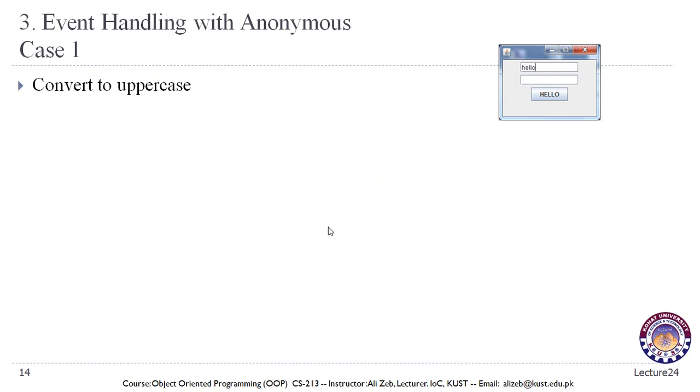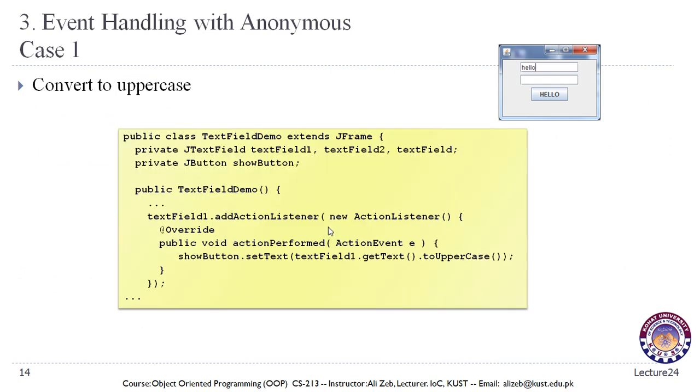In our first case, if you want to convert to uppercase the text we saw previously, we can use this code. We have these variables for all of these components on our frame: JTextField 1, JTextField 2, and a JButton, an object of the JButton class. This is an example of using an anonymous class.